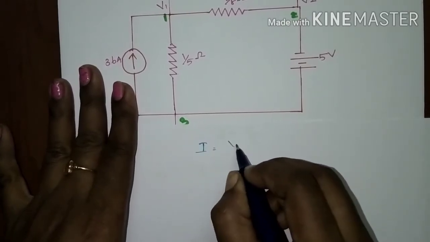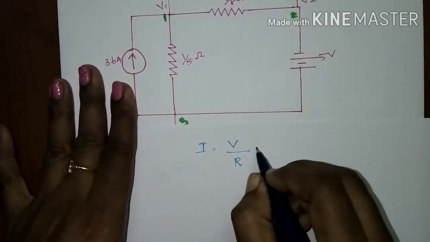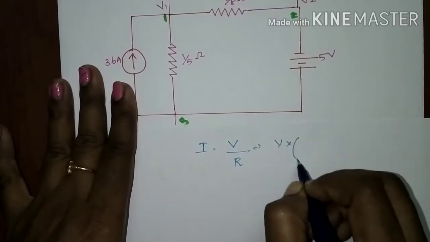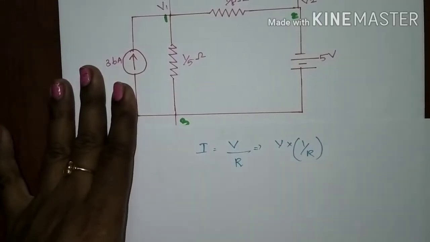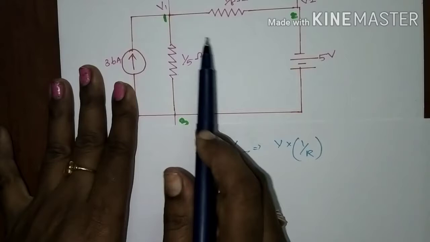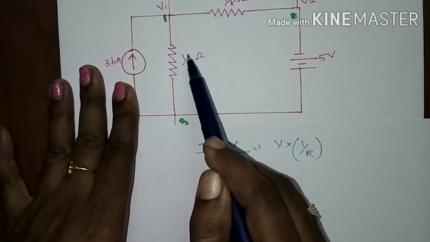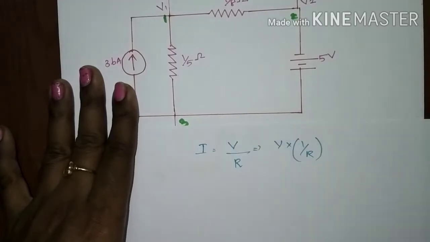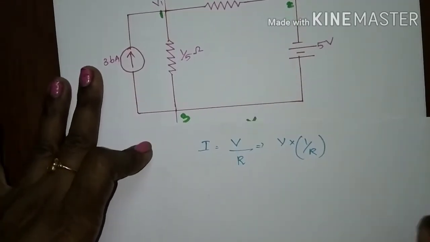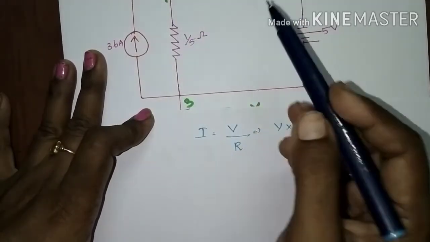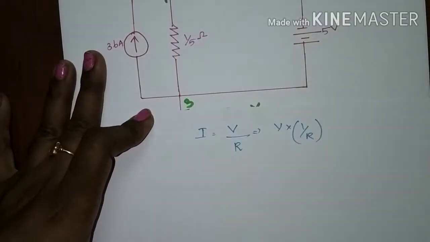Current is equal to voltage divided by resistance, that is V into 1 by R. Here they have given the resistance values in reciprocal form, which implies that they have given the conductance values. Now apply KCL in each node and find the node voltages.